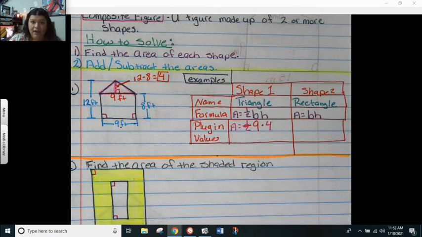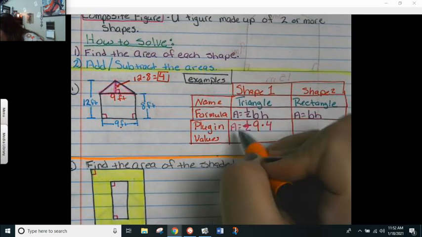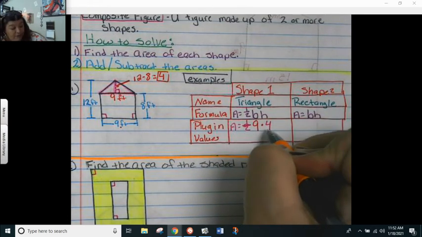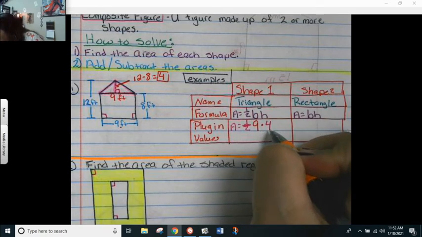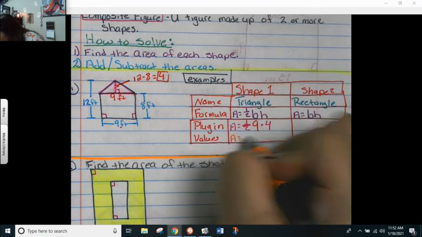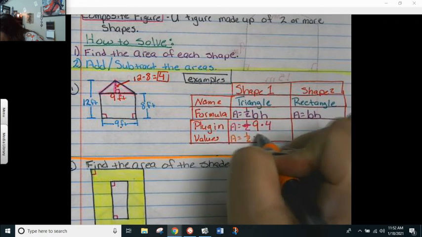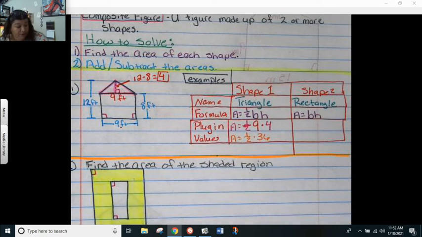So you've got to think. You've got to use your visualization here, okay? So let's go ahead and work this out. I'm going to go ahead and multiply. 9 times 4 is 36. So 1/2 times 36. And then don't forget, we're going to find the area right here. Oops, maybe my red pen.